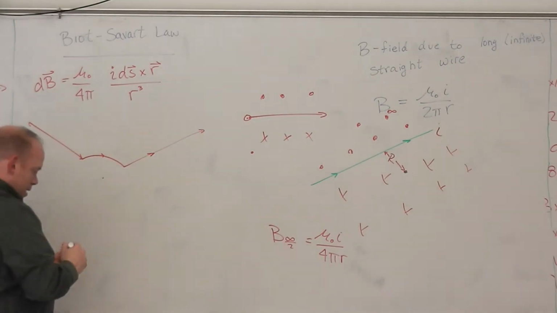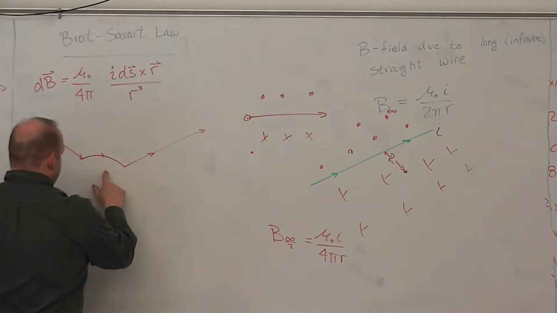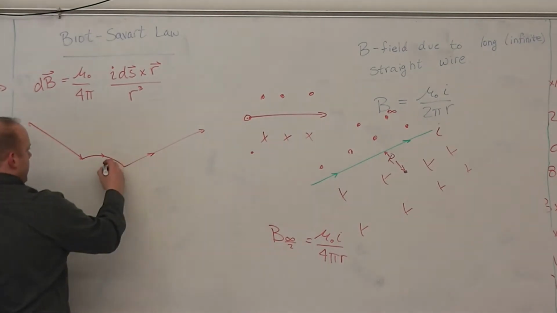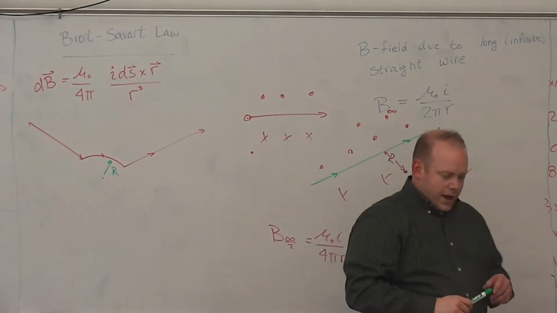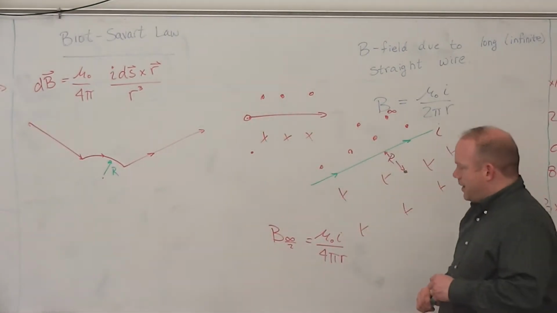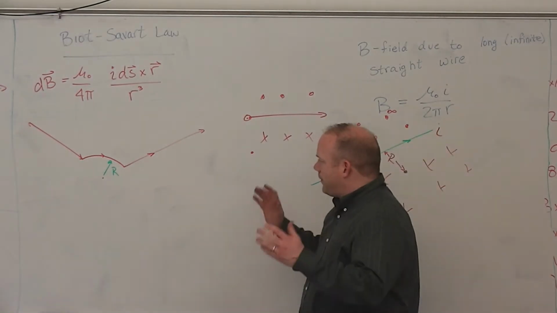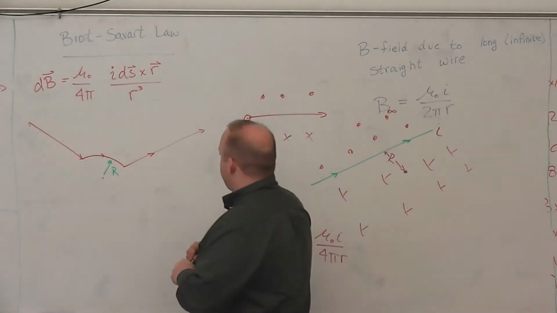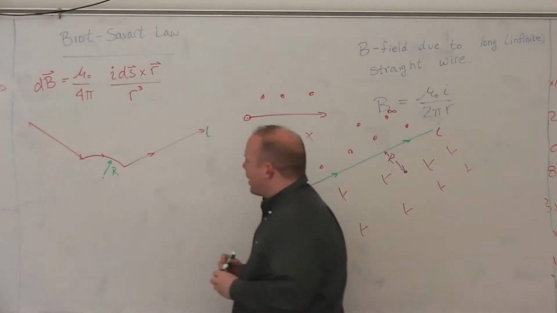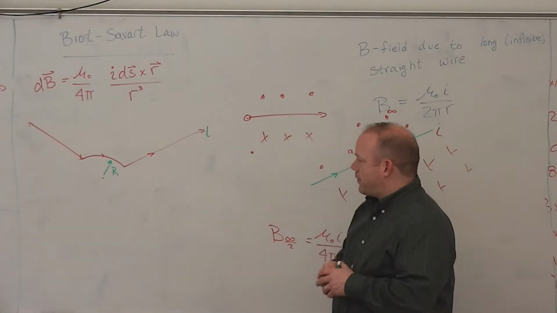Now, by definition, I'm setting this problem up so my R is constant the whole time. So I have a current I that's coming in. Now, you say, all right, I want to figure out the magnetic field at this point, knowing my current is I, and I have an R.